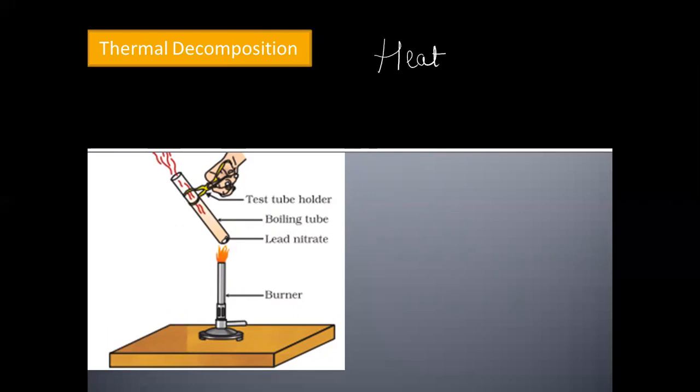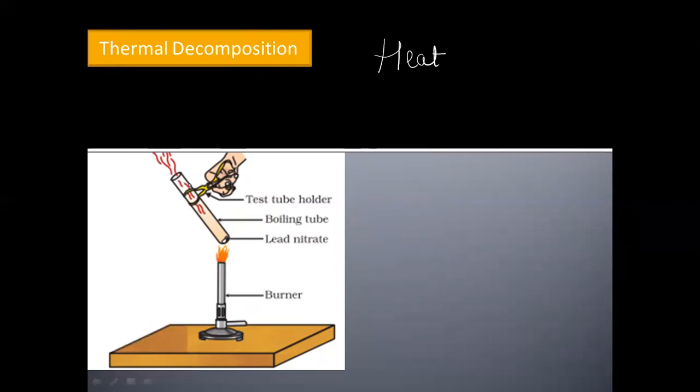What happens here? We have an NCERT activity given over here. There's a burner which is the cause of the decomposition reaction. The heat is supplied from here. This is the burner, providing heat energy.